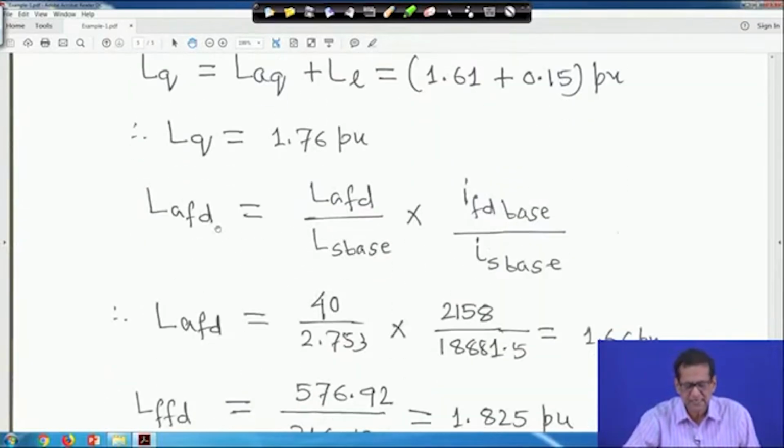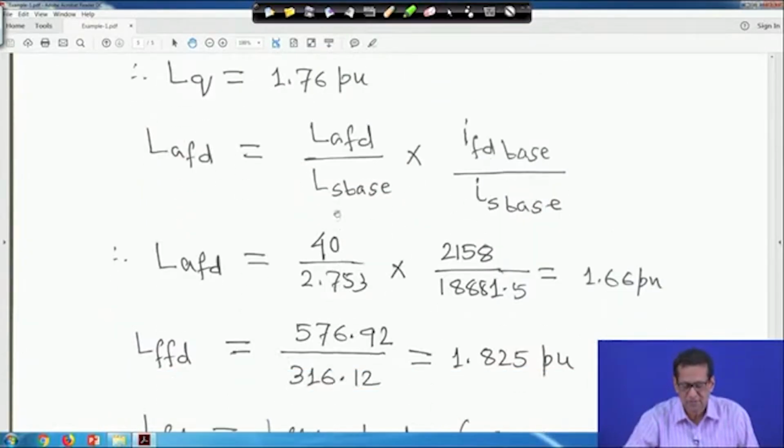Therefore we know that LAFD is equal to LAD upon LS base into IFD base upon IS base. All these things have been derived, so we just have to put in these values. So 40 upon 2.753 into IFD base 2158 divided by 18,881.5 is equal to 1.66 per unit.